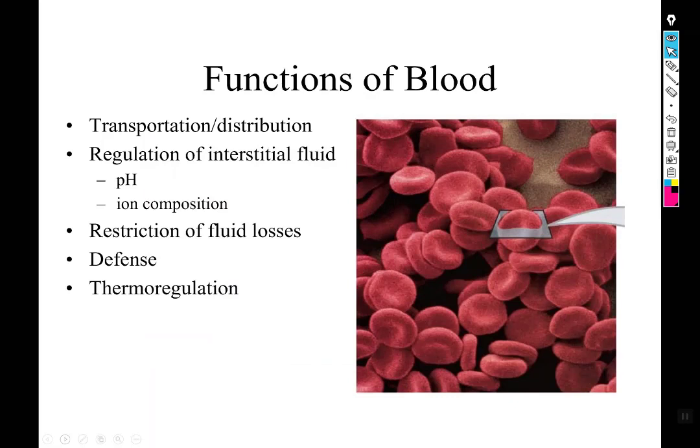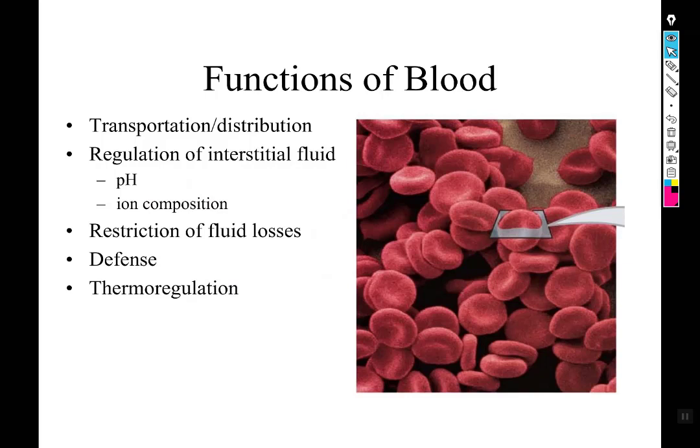So, in general, with regard to functions of blood, why have it? One of the reasons is that diffusion is too slow. Here's what I mean. Imagine that a molecule of oxygen needed to diffuse from my heart down to my foot because I have metabolically active tissues in my feet. The circulatory system allows that to happen super rapidly because blood containing oxygen is being actively pushed from tubes by my lungs to tubes in my feet.